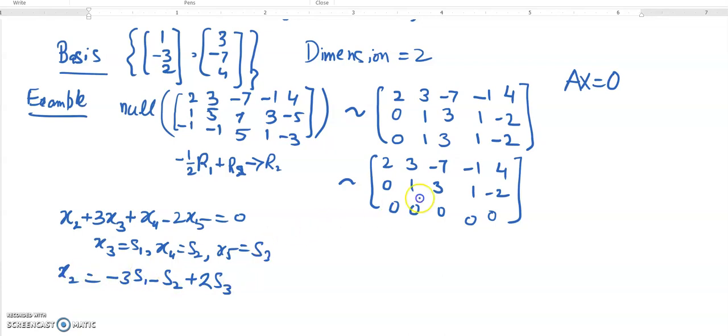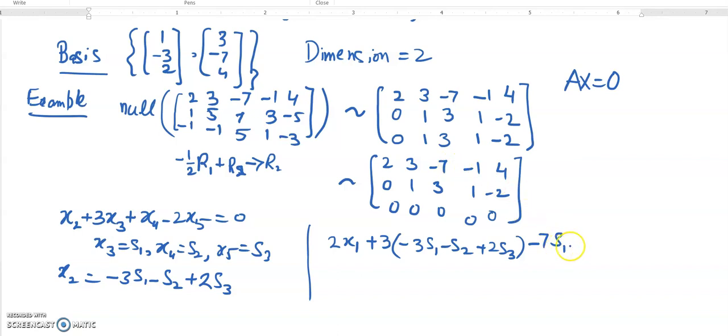If we use this value in the first equation, the first equation is 2 x1 plus 3 x2, where x2 is minus 3 s1 minus s2 plus 2 s3, minus 7 x3, which is s1, minus x4, which is s2, and plus 4 x5, which is s3, equal to 0.